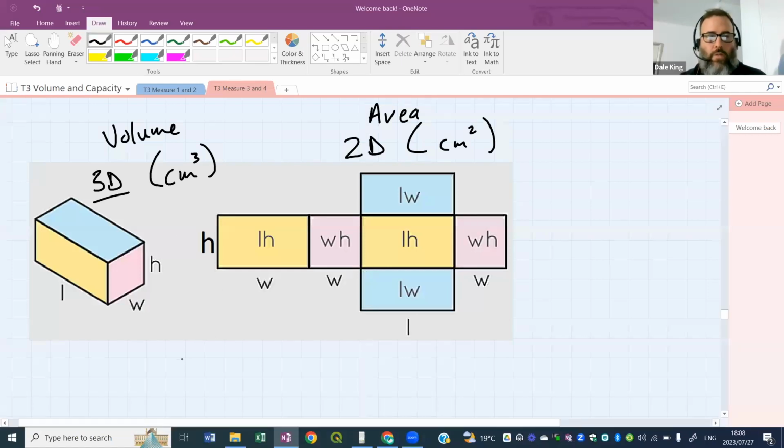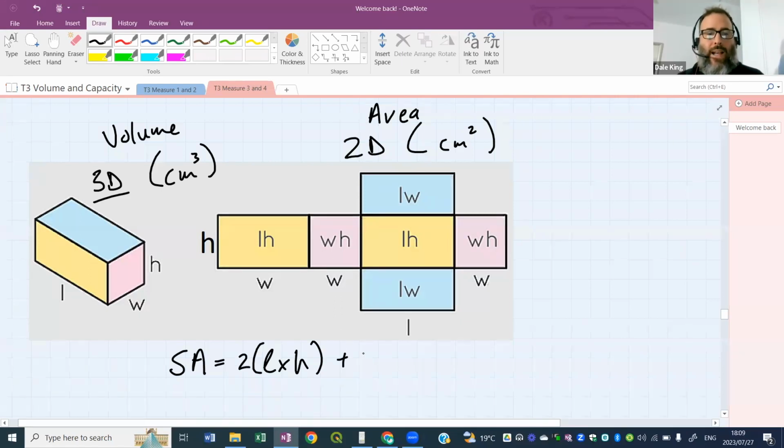So the surface area formula for this shape, we'll say SA for surface area, will be, I want the length times height rectangle, excuse me, length times height, but there's 2 of them. So I'm going to put a bracket and put a 2 in front to say I need 2 of those, okay?